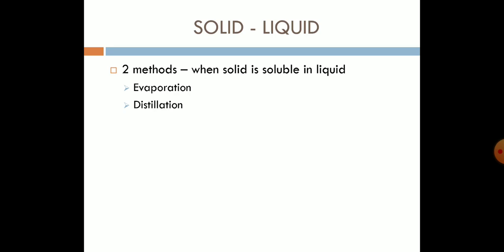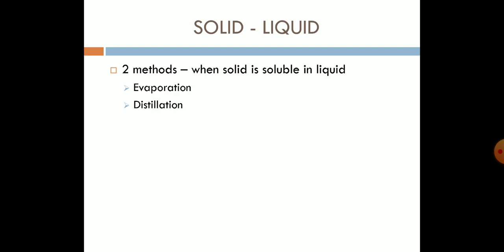Now coming to a solid and a liquid. A solid is mixed with a liquid. Here you have evaporation and distillation. This is a case where the solid is soluble. Soluble means it is totally combining with the liquid. You cannot say they are different at all.